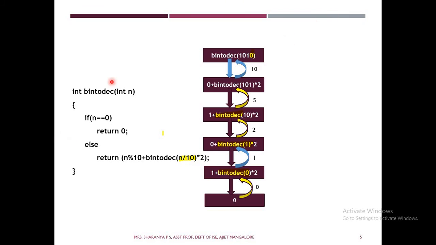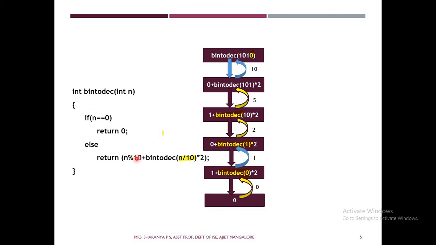This is the logic of how it processes the recursive statement n mod 10 plus binary to decimal of n divided by 10 into 2. Here it takes n as an argument, and if n becomes 0, then it returns 0. When n is greater than 0, it keeps performing the binary to decimal conversion.